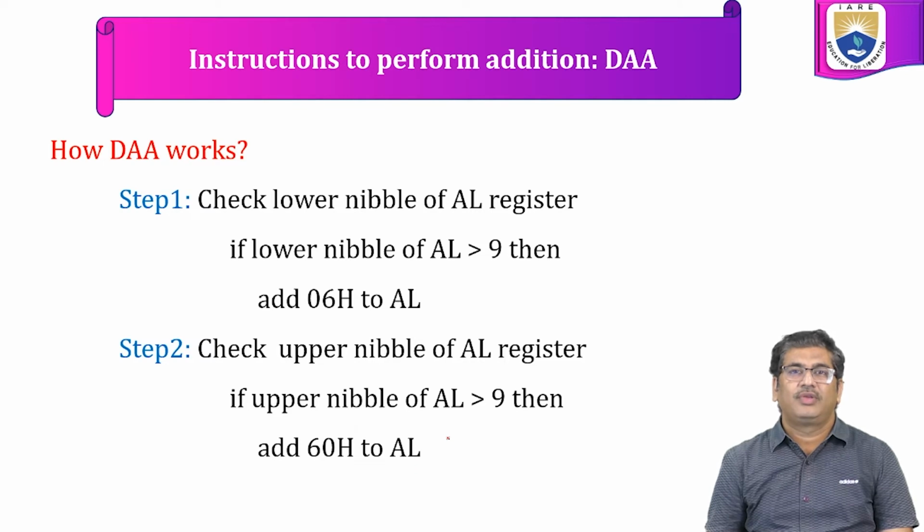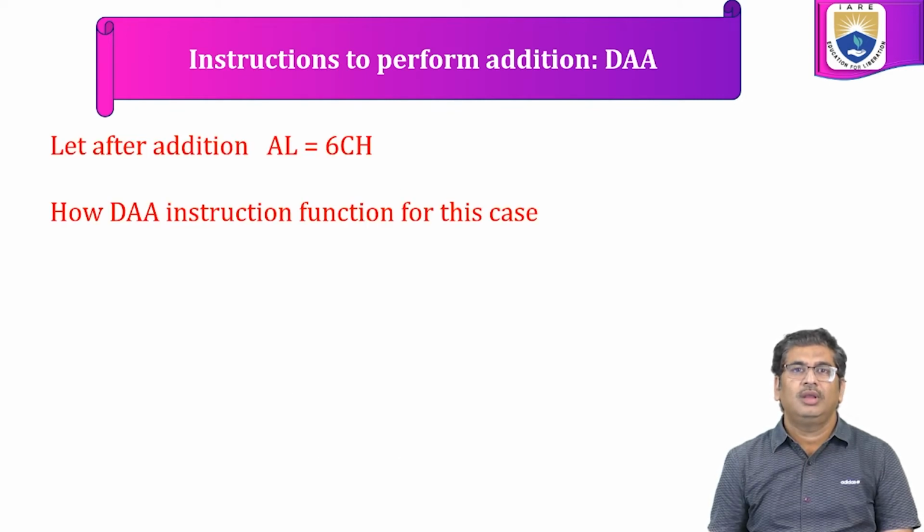Now we will see a few examples. I am taking the examples which were considered for the AAA instruction. The same values I am considering for illustrating the DAA instruction. Let us assume after addition, the sum produced in the AL register is 6CH. Now we will see how the DAA instruction will function for this particular case.